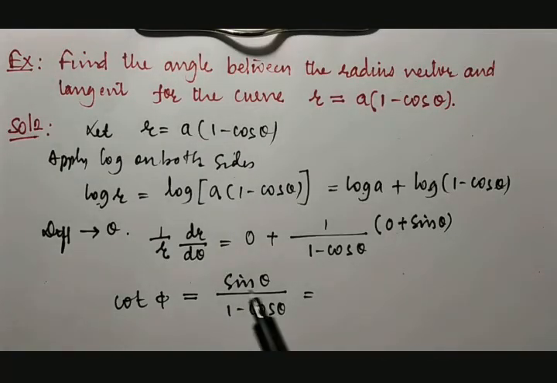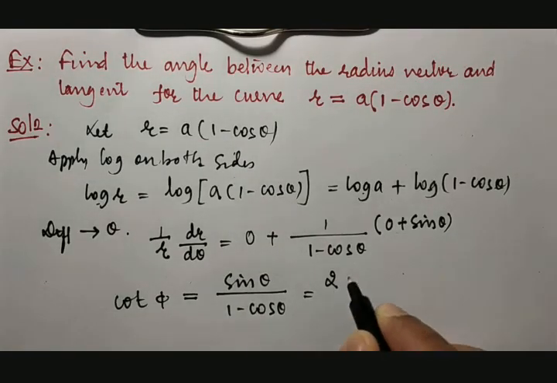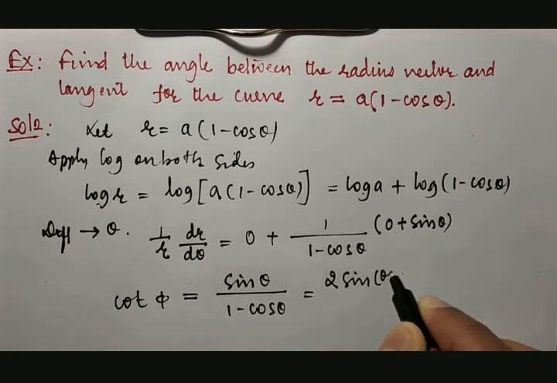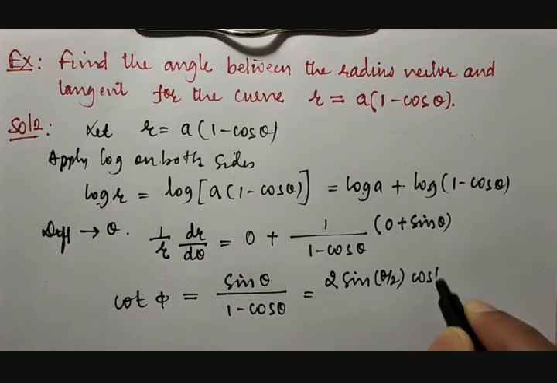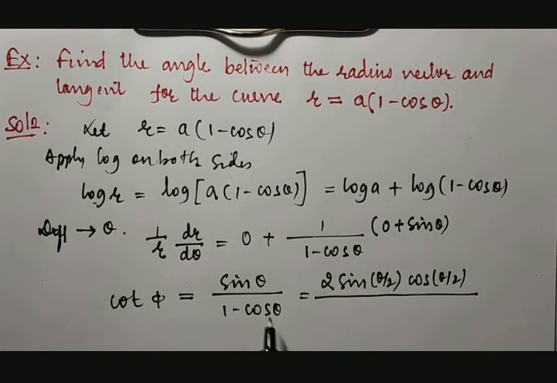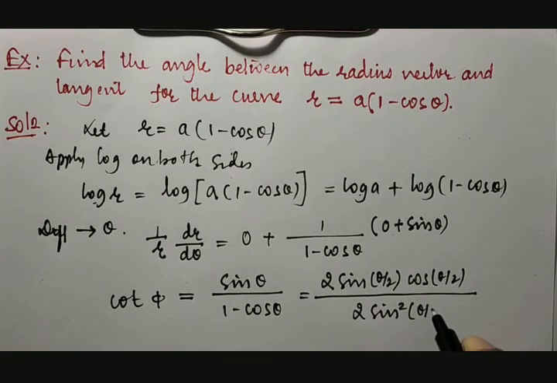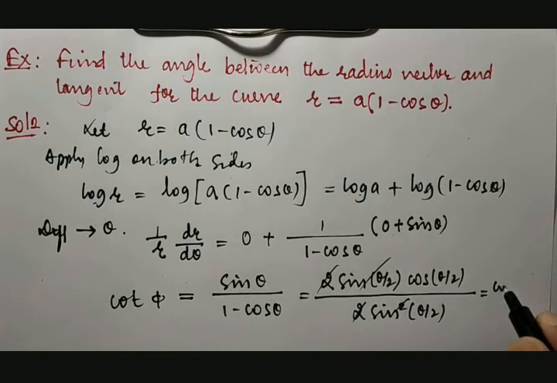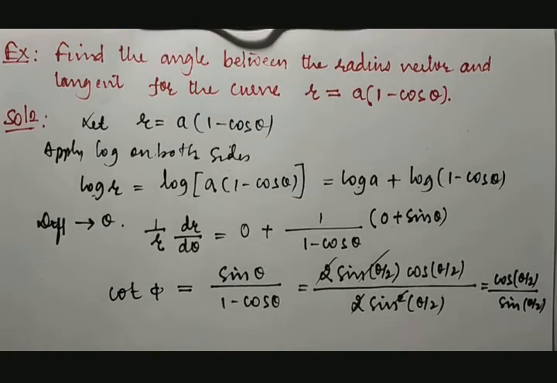Therefore, this will be taken as 2 times sin theta by 2 into cos theta by 2, divided by 1 minus cos theta, which is 2 times sin square theta by 2. So 2 gets cancelled, 1 sin term gets cancelled. Then what remains? Cos theta by 2 divided by sin theta by 2.